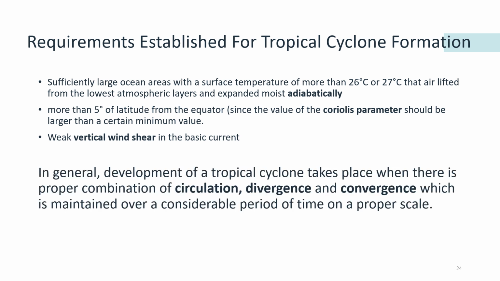In general, to summarize, the development of a tropical cyclone takes place when there is a proper combination of circulation, divergence, and convergence, which is maintained over a considerable period of time on a proper scale. That is how, in general, the tropical cyclone forms.